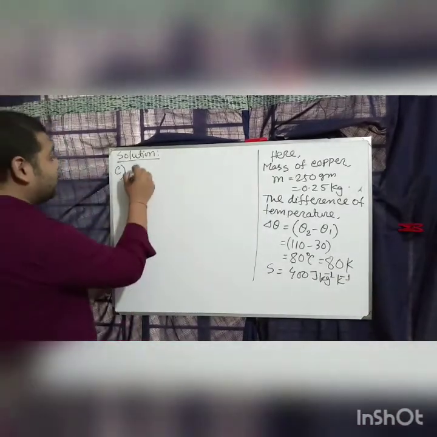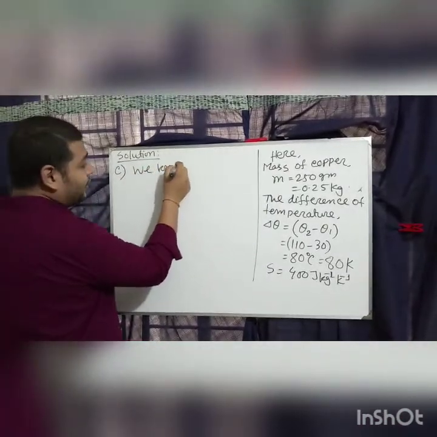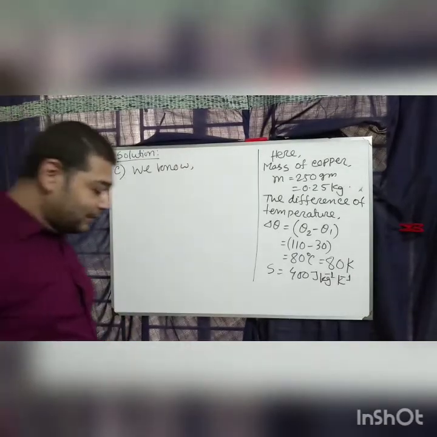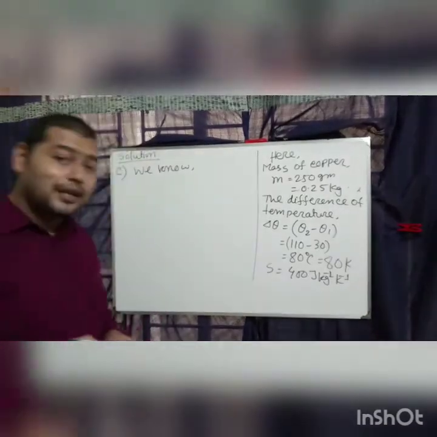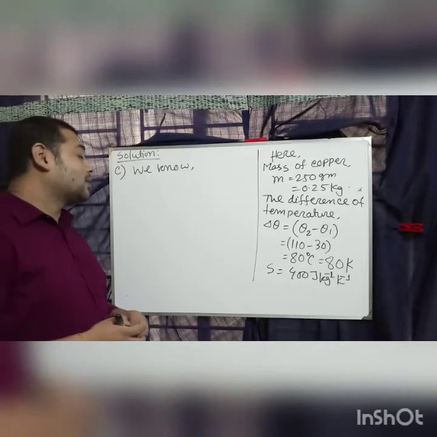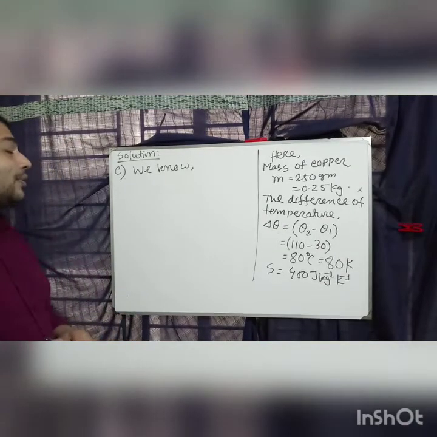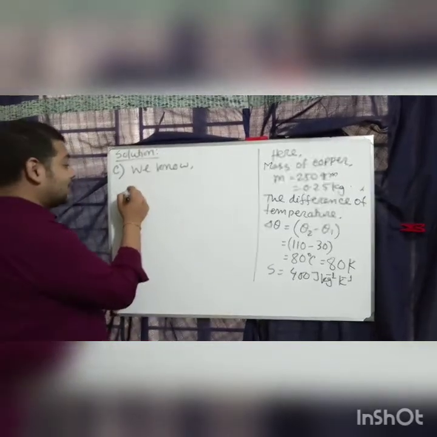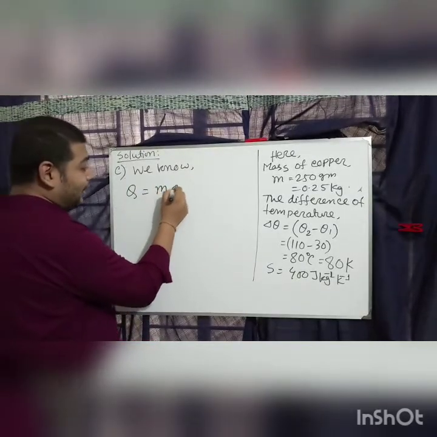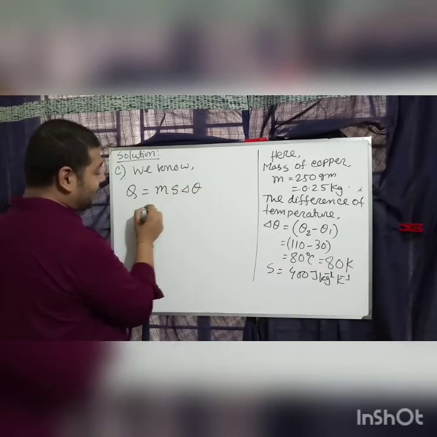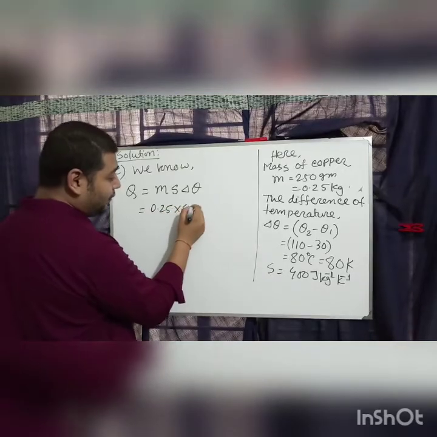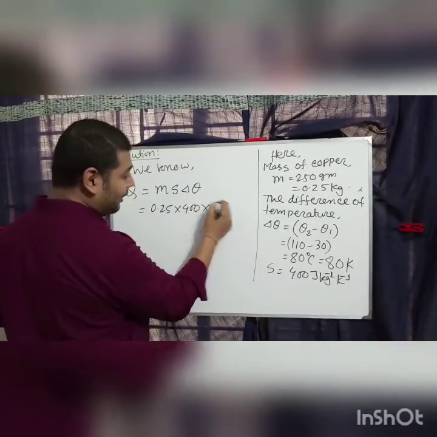Now we know that the amount of heat gained is given by the equation Q equal to m s del theta. So we can write 0.25 into 400 into 80.